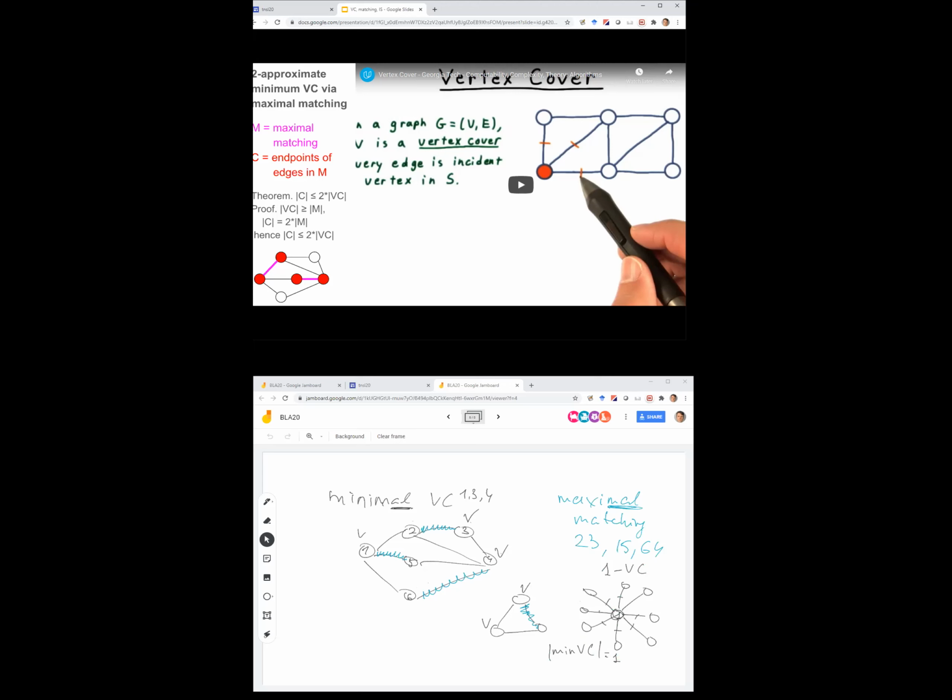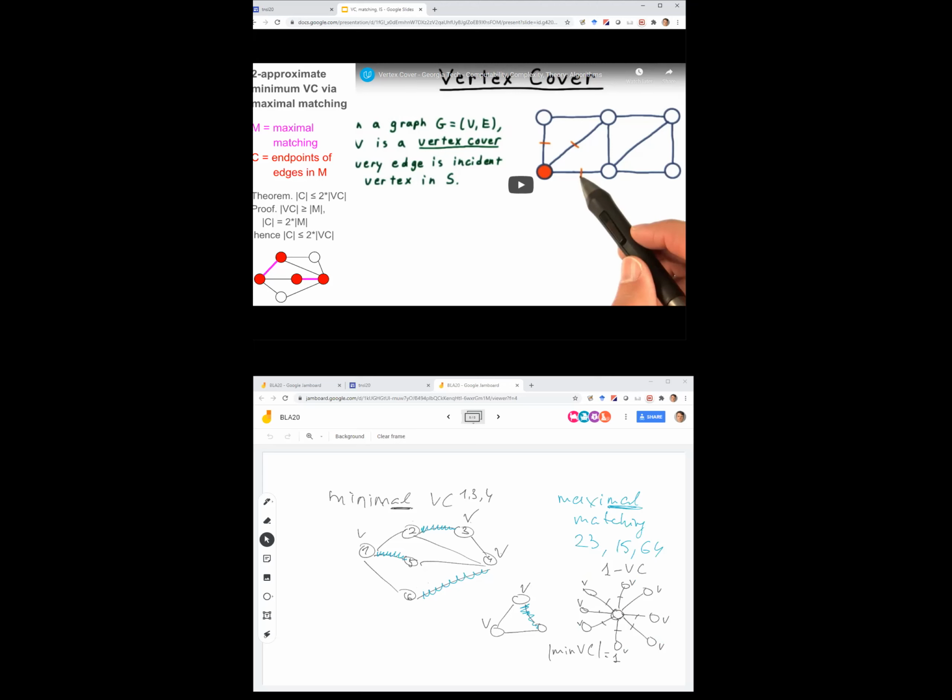Okay. On the other hand, if you want to find the minimal vertex cover, you may be extremely unlucky. So imagine that you took all these vertices, call them leaves, in your vertex cover, and you didn't take vertex 1 in your vertex cover.